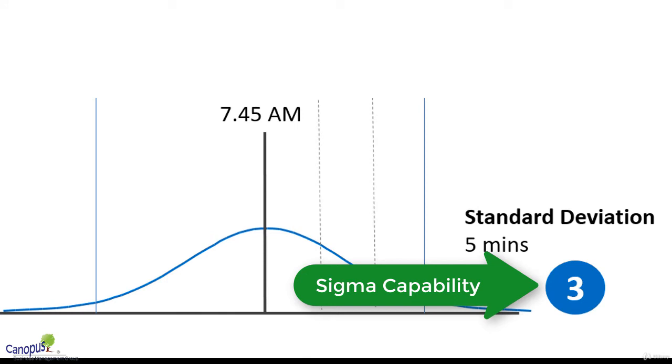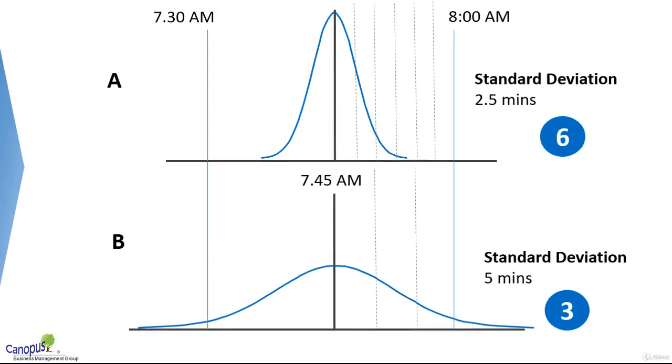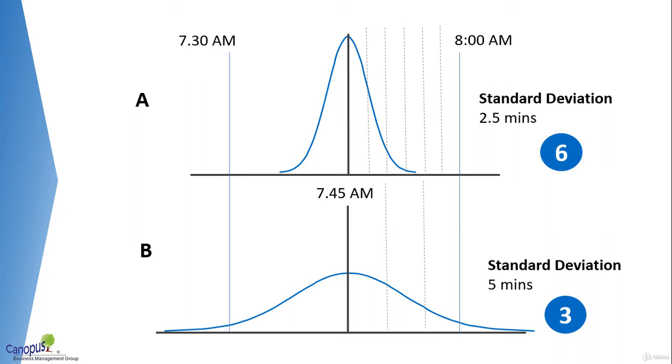Now it's very obvious that the 6 sigma process is more efficient than the 3 sigma process. Just simply because in the case of a 6 sigma process, the chances of the train arriving beyond 8 o'clock or before 7:30 is very remote. It's not likely to happen.